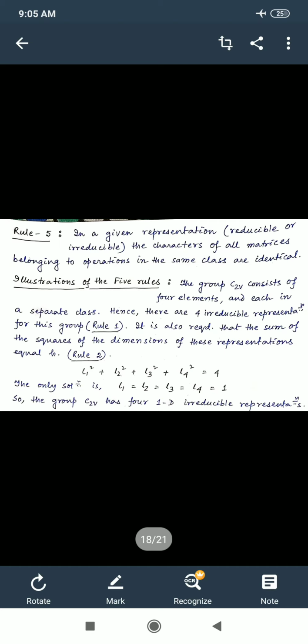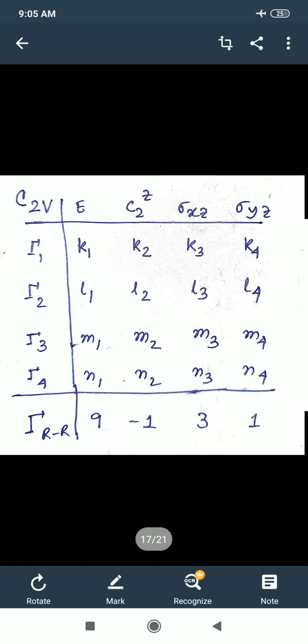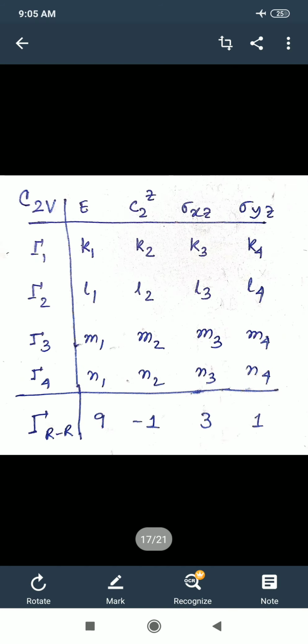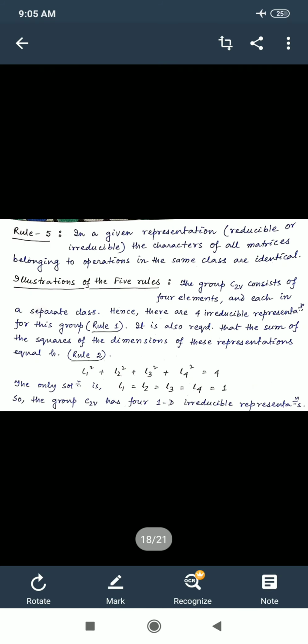We had checked that. I am just checking for the E operation, and we had already said that with respect to the E operation, the character is known as the dimension. So if K1, L1, M1 and N1 are all equal to 1, it means we have one-dimensional irreducible representations in the C2V point group.